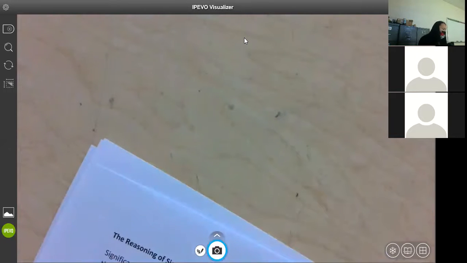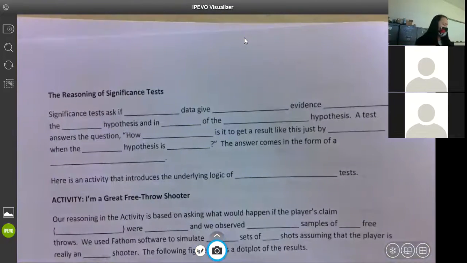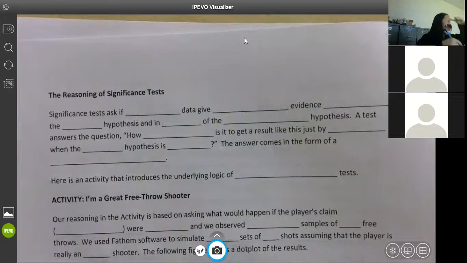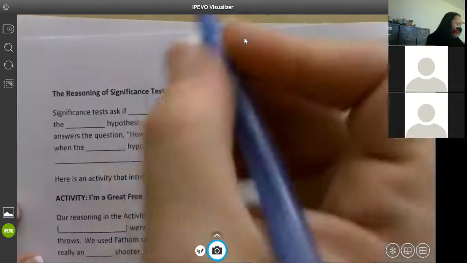This is right. I'll do it this way. Sorry. Maybe I'm missing pages in this one. This page is right. My packet is wrong. No worries. All right, significance test.